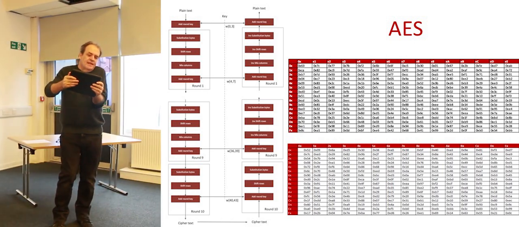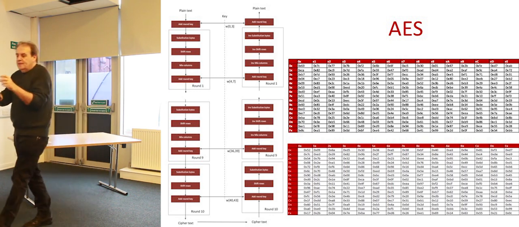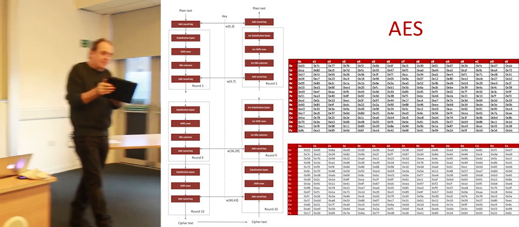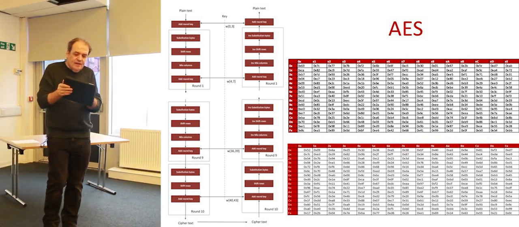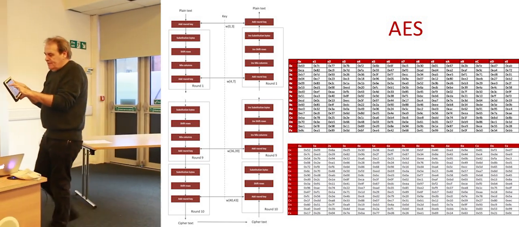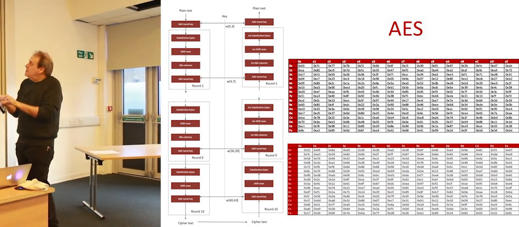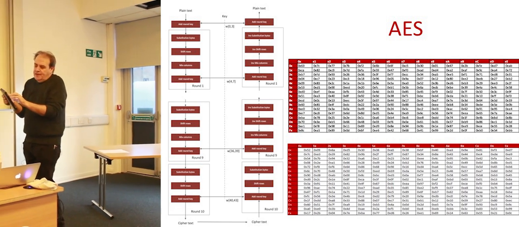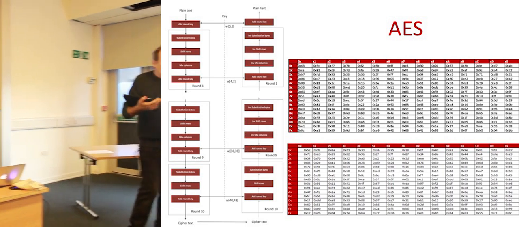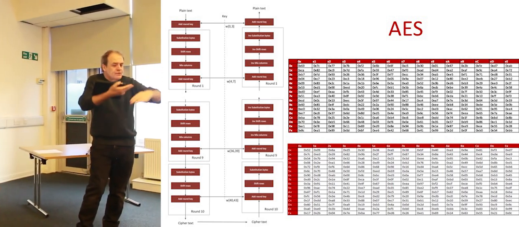So the first thing here is the S-box. We take our 16 bytes and we put them into an array of 4 by 4. We then put these bytes through our S-box and we get our output here. After that, we scramble the rows.